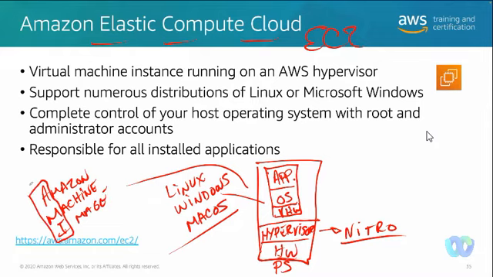The AMI is basically a template that includes the operating system and optionally some applications. For example, you could take an AMI from our quick start that includes Windows. You could take an AMI that includes Windows and Microsoft SQL altogether.